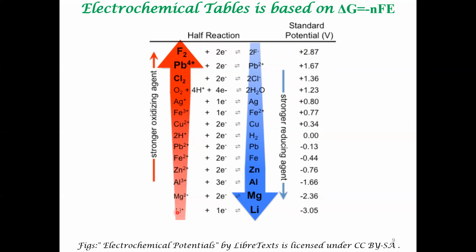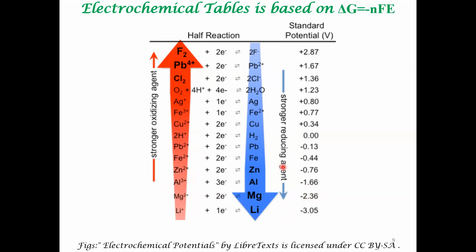For example, lithium, sodium, potassium, rubidium, cesium, all these things are alkali metals, right? They will have negative standard potentials. These are alkaline earth metals that also have a negative standard potential. That means the delta G of this reaction, adding electrons to Mg2 plus, is exothermic.